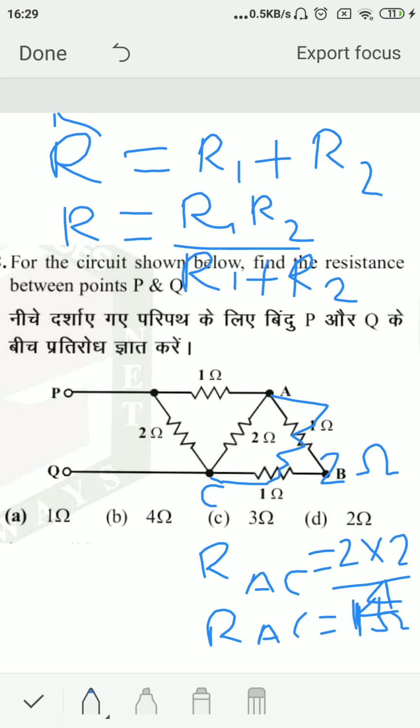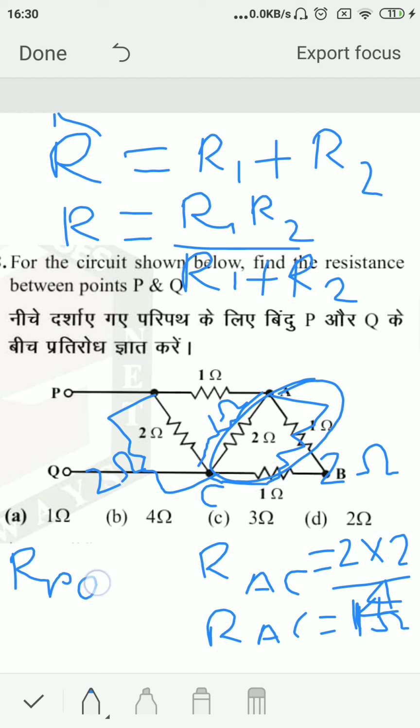Okay, so you can assume this whole system is equivalent to 1 ohm. Now the same philosophy comes again: 1 ohm and 1 ohm are equivalent to 2 ohm. Now what will be the RPQ?